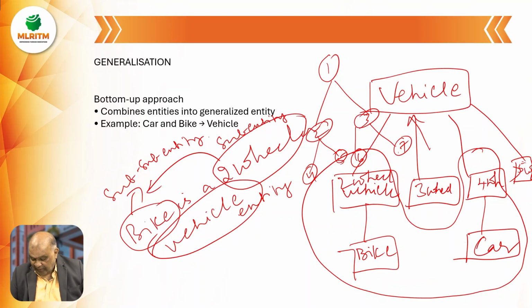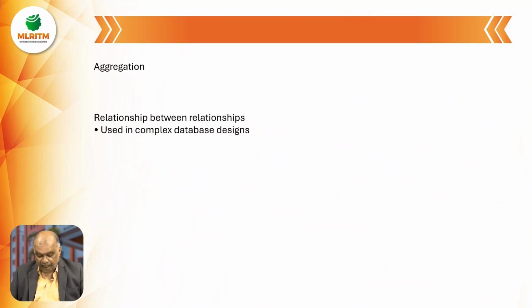So we can further divide bike into manufacturing types like Hero Honda and TVS, etc. So that also we can specify. That also comes under the generalization process. For example, Hero Honda is a bike which is a two-wheeler vehicle. That statement we can say. So that comes under the generalization.